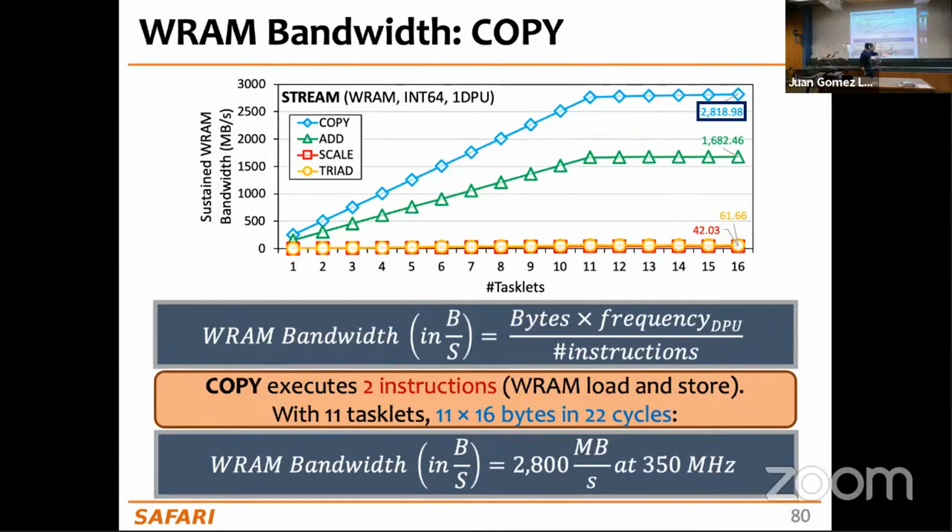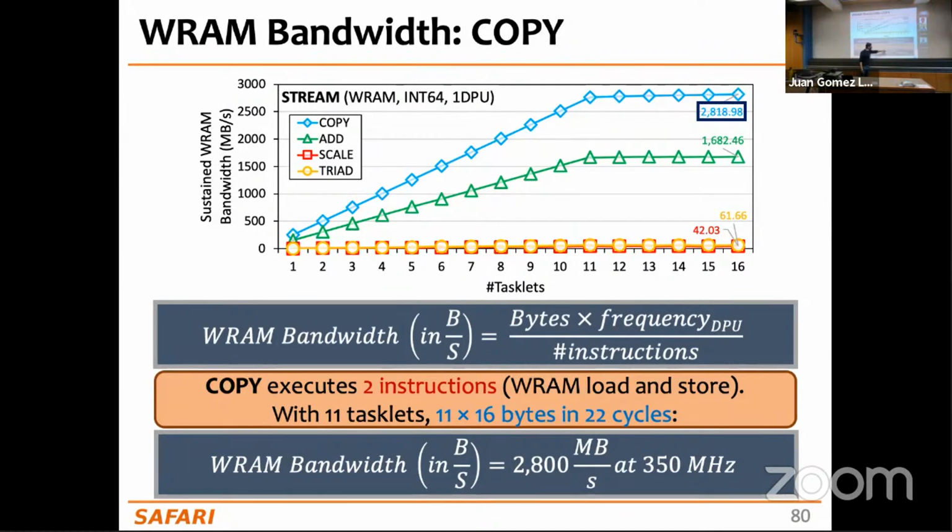if we focus on copy, it just uses 2 instructions, a WRAM load and a WRAM store. We read one value from WRAM, we write it back to another position in WRAM. So it's only 2 instructions. If we are using, for example, 11 tasklets, with these 2 instructions we are moving 16 bytes per tasklet.